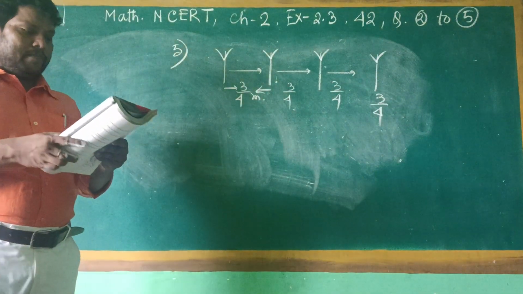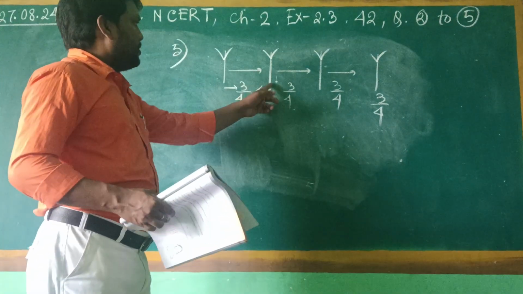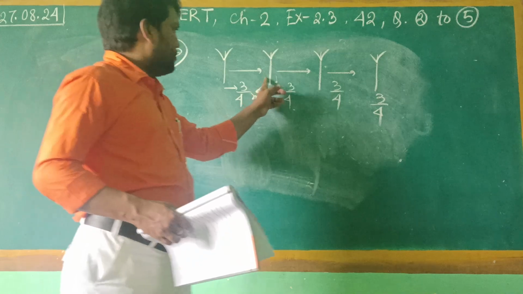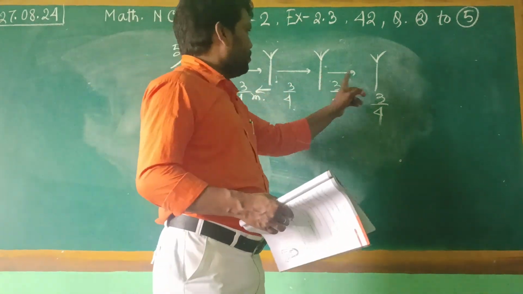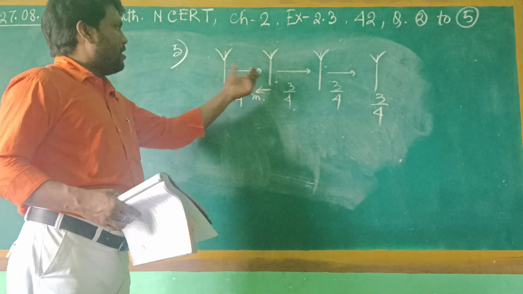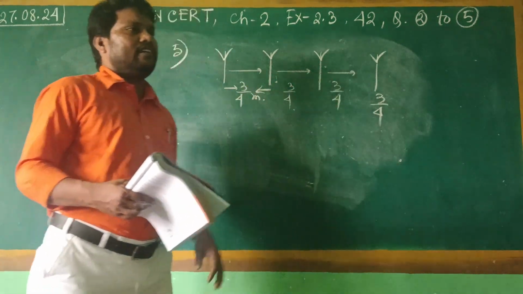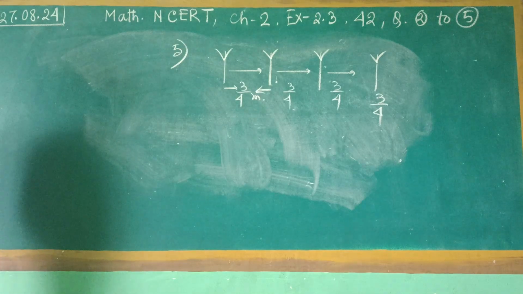What is the meaning? The distance between two adjacent saplings is 3 by 4th meter, between each two. So how many saplings are there? 1, 2, 3, 4, but distances: 1, 2, 3.